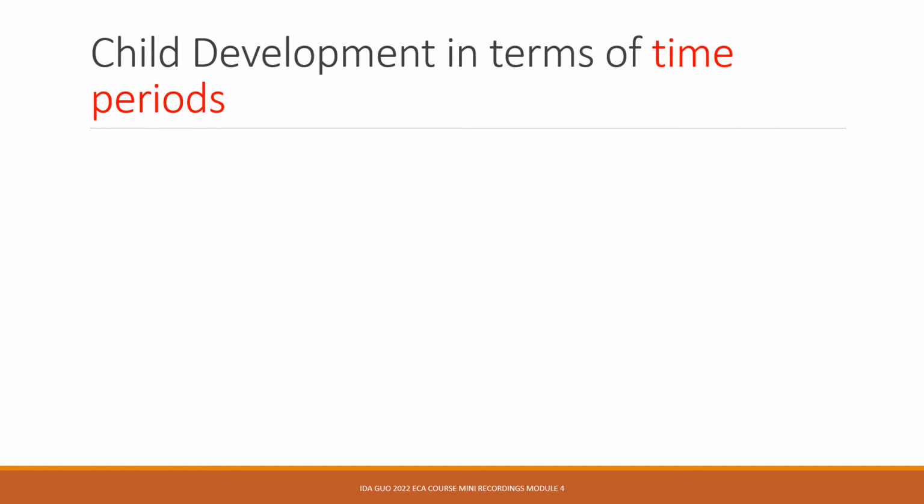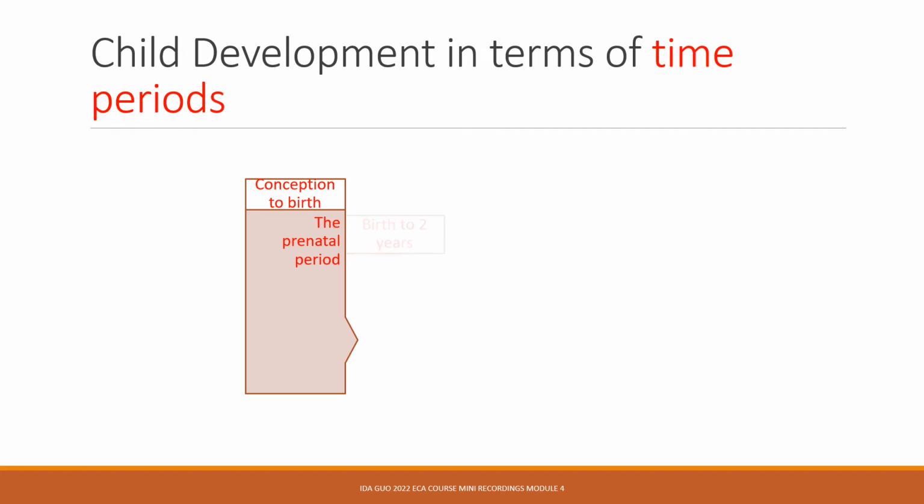Okay, so first, in terms of time periods, the first period will be conception to birth, and it's called the prenatal period, before birth. Then the second stage will be birth to 2 years, and we call it infancy and toddlerhood.